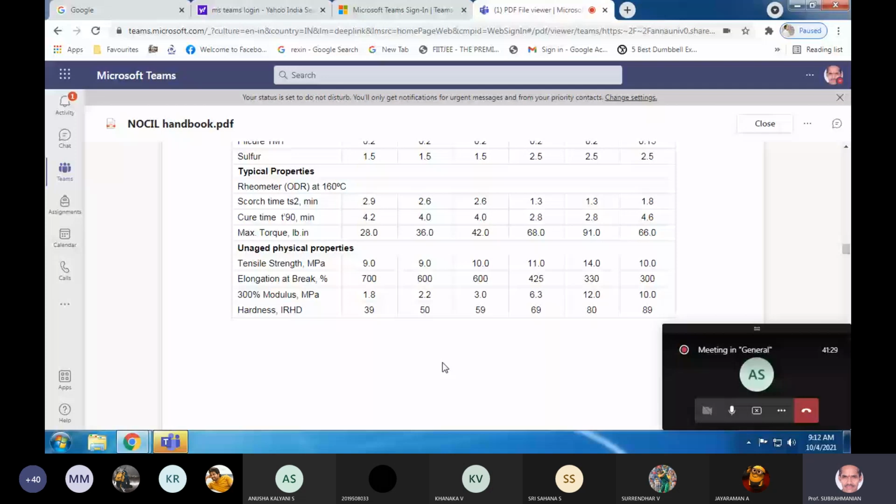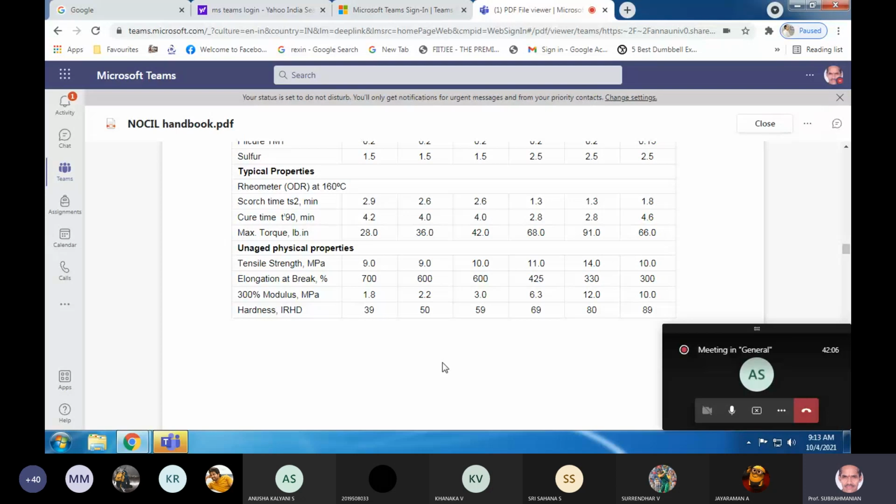That is not the case here, because at 160 degrees the high styrene resin continues to remain soft. So whatever torque I record here is coming from the rubber cross-links as well as the particulate filler, not a resinous filler like high styrene resin. This is very important.